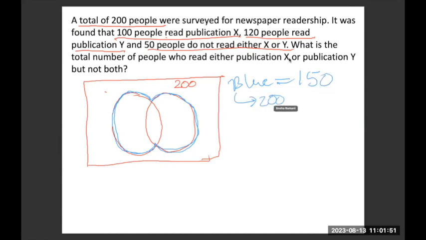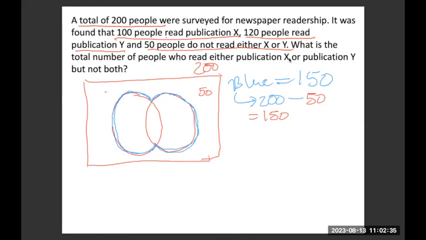Because there are 200 people surveyed, and out of those 200 people, 50 are left outside this box. Which means inside the blue boundary, which is drawn here, there will be 200 minus 50, which is equal to 150 people.